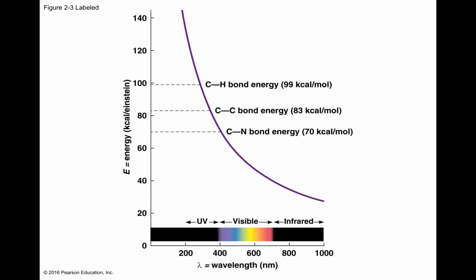If you look at the bond energy in a carbon-hydrogen bond versus carbon-carbon bond versus a carbon-nitrogen bond, that tracks pretty well with on the edge of ultraviolet to visible light in terms of how much energy is in that light. And that's important for example, this idea of, does sunlight destroy the coronavirus?